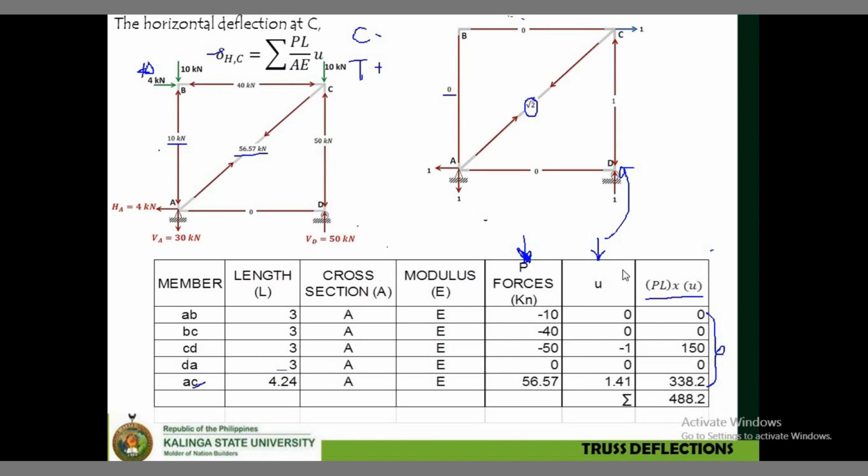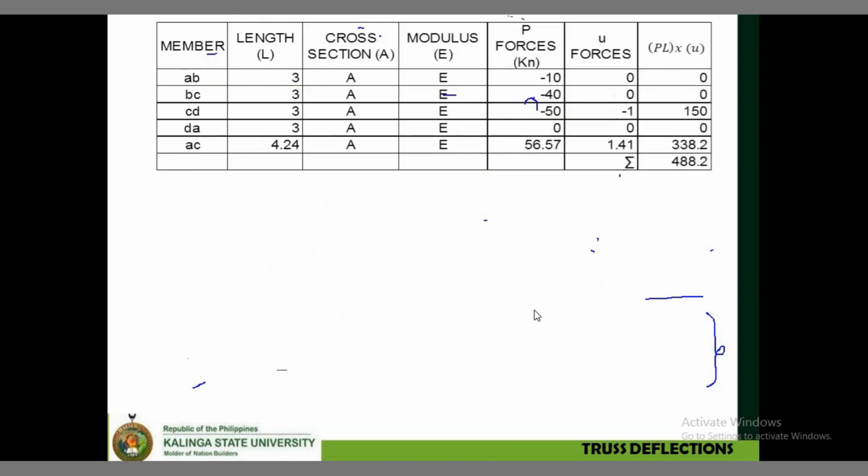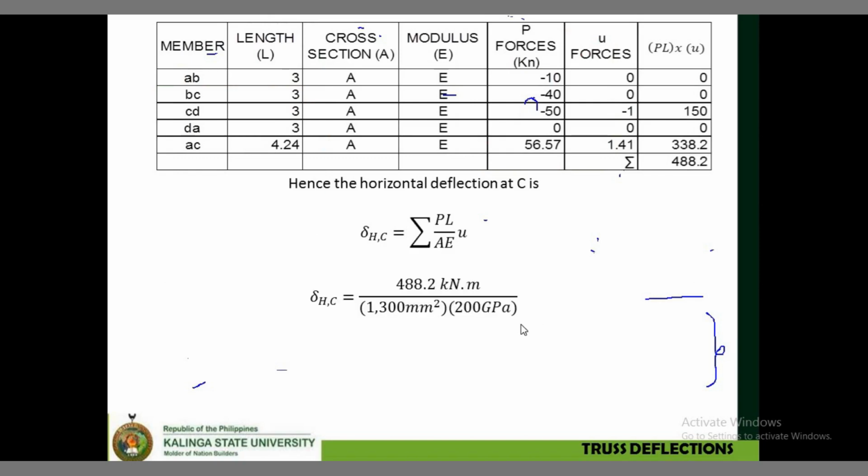So, kapag nakuha na natin yung summation ng lahat ng mga PL times U, next thing we have to do is to follow the formula. So, yung value ng ating PL times U is 488.2.